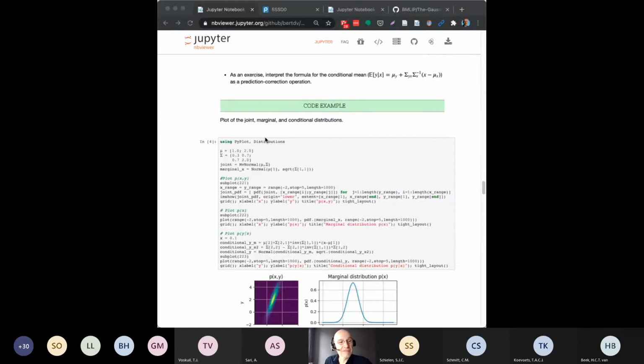Then the next session will be on Wednesday, and we're going to do something similar to what we did here for the Gaussian. We're going to do it now for discrete variables, and we're going to introduce the binomial distribution and the categorical distribution. It's going to be a similar class, but now on variables that are defined on a discrete alphabet.